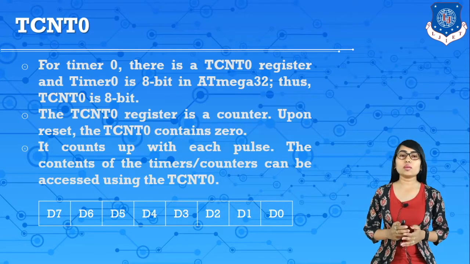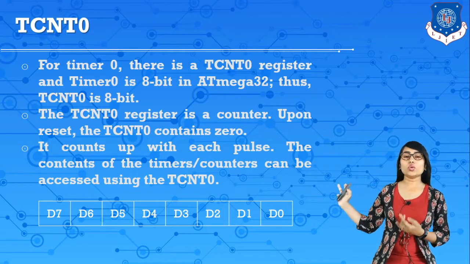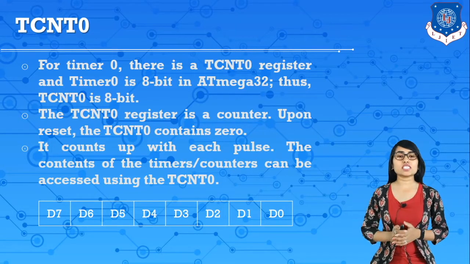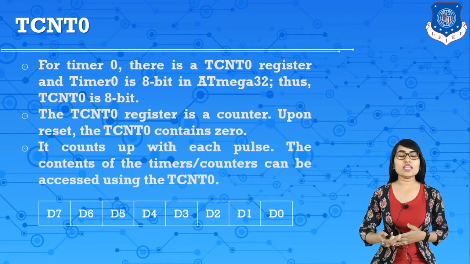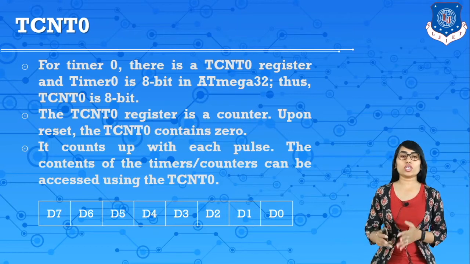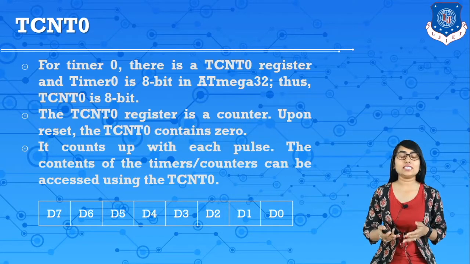It counts up with each pulse, and the content of the timer counter can be accessed using TCNT0. So here we have a total of 8 bits in TCNT0. In TCNT0, we can load a value which we want to count for a desired delay. So this is the TCNT0 register.